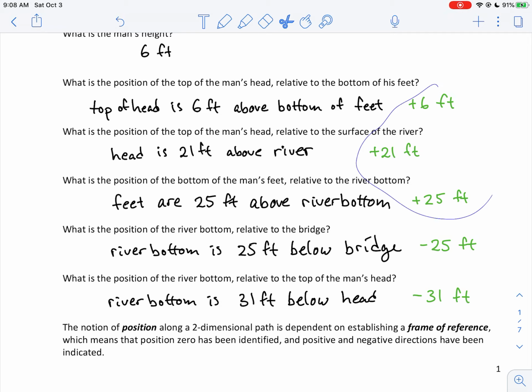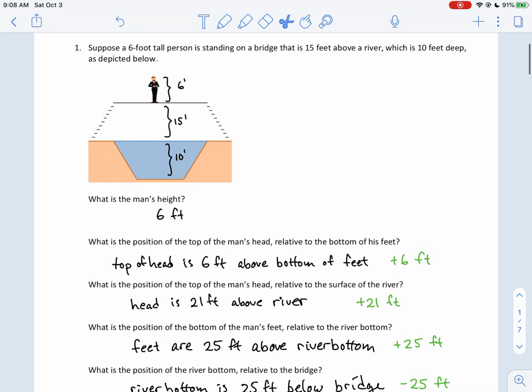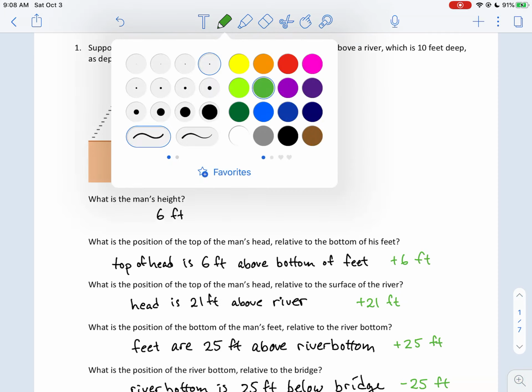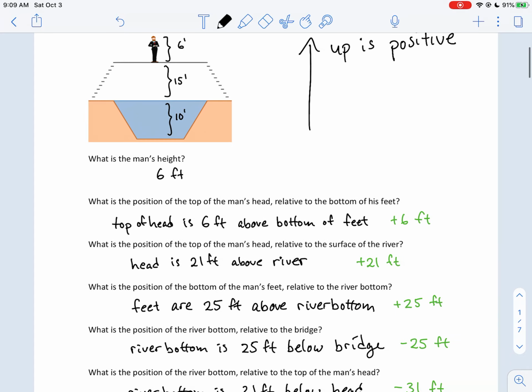These three would all be negative because above would be the negative direction, and these two would be positive because going down would be the positive direction. But again, that's up to the thinker. So let's say just formally here that we'll say up is positive. Put that formally in our notes so that all of our above answers are positive answers.